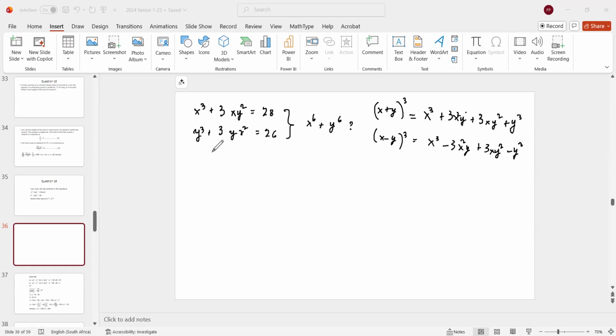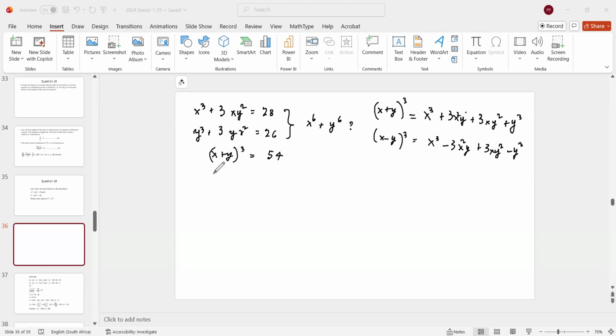You see? So x plus y all cubed is equal to this first term plus the second term, you see they are the same thing there. So when you add, you're going to get x cubed plus y cubed, which is 28 plus 26, which is 54.